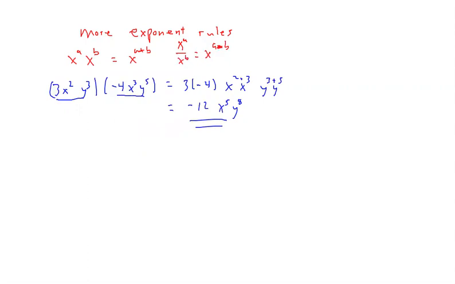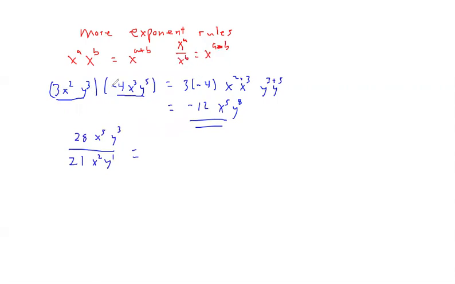Now, let's take a problem where we've got division. Let's do one of those. So suppose I have 28 x to the 5th, y to the 3rd over 21 x squared y to the 1st. Now, in this problem, we broke this up into 3 problems.